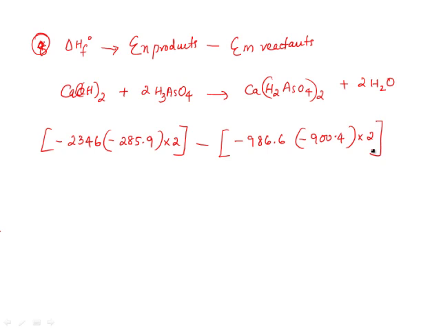Which numbers belong to which? As it is written, these are the products. The first number represents the first product, 2 times water, so 2 times this number, minus this number which represents calcium hydroxide, and then 2 times this number for that compound. Those individual values are given in your exam booklet itself.